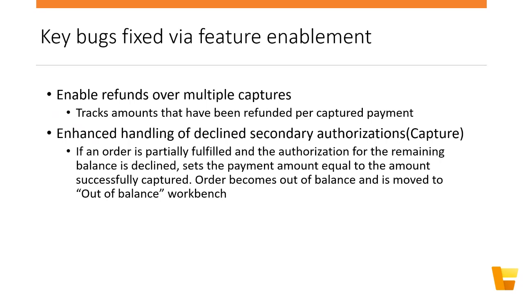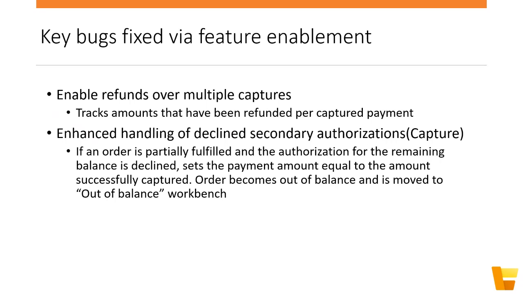Then there's enhanced handling of secondary authorizations. Think about that same scenario where I ship $500 worth of goods and invoice $500, capturing that payment. Then we go get a new authorization for the remaining $500 balance on the order. With this feature enabled, if the subsequent authorization for the remaining $500 fails, we change the tender line amount on this order to equal the amount that was captured.